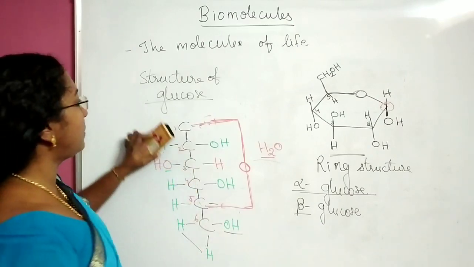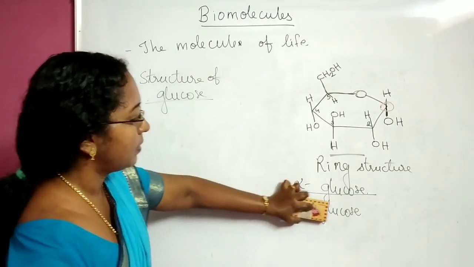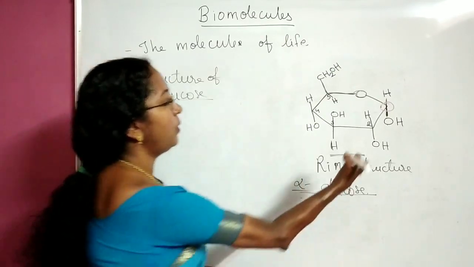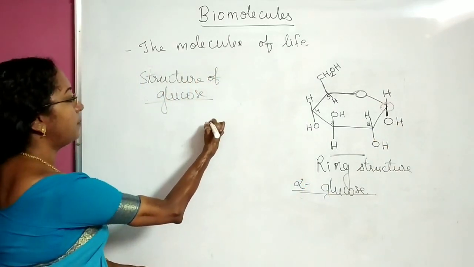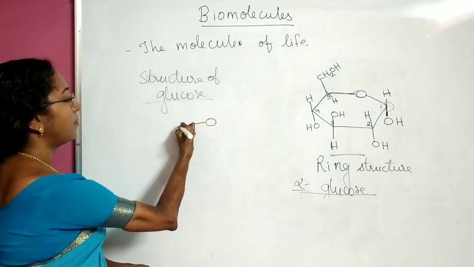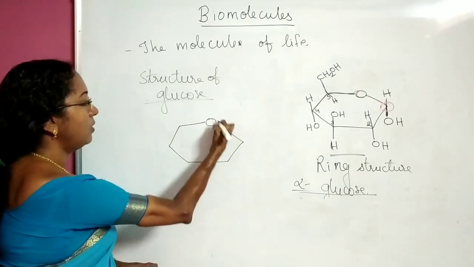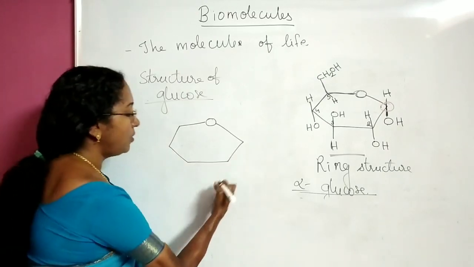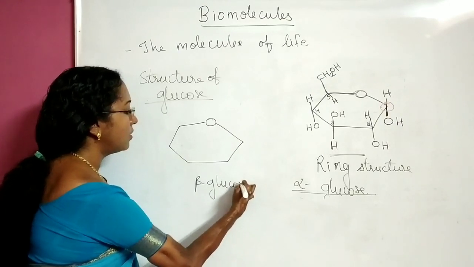Then how will I show the structure of beta glucose? Very simple. Just invert the orientation of H and OH. Rest of the things are the same. I have drawn 5 corners. One corner is occupied by oxygen. So I am going to draw the structure of beta glucose.